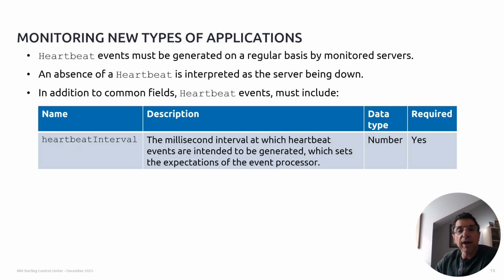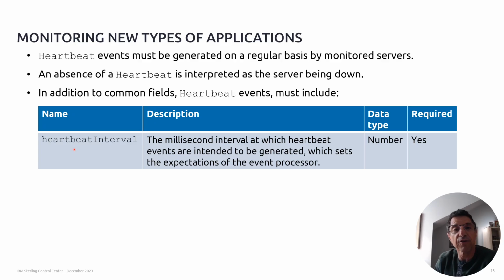So I showed you that partial list of event types, and I've shown you the common event elements for all event types. For heartbeats, there is one more field that you would have to have. It's required, and it's the heartbeat interval. Heartbeat events are kind of interesting. I think it's kind of a neat concept in Control Center.